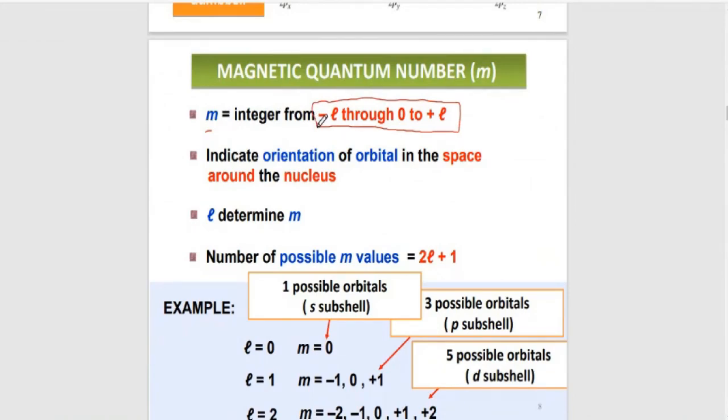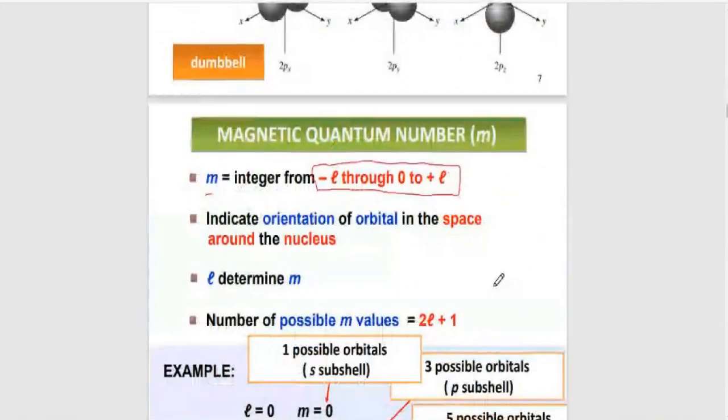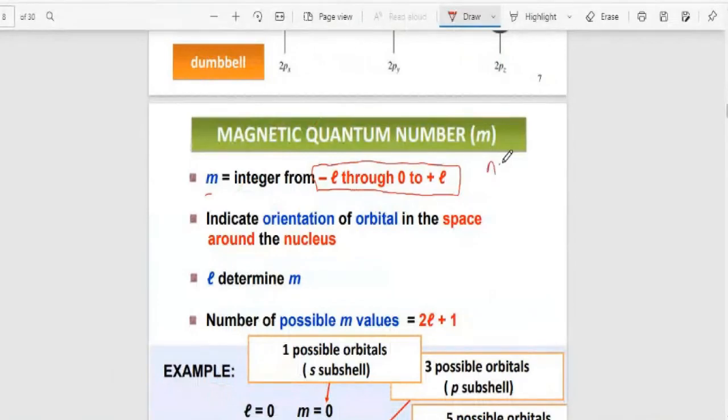Okay, contoh kita ambil balik contoh yang sini. Ambil contoh yang ini N sama dengan 2. N sama dengan 2. L sama dengan 0, 1. Kalau 0, 2S. Kalau 1, 2P. Okay, you tengok. M integer from negative L, 0 to positive L. Jadi M untuk 2S, apa nilai dia?